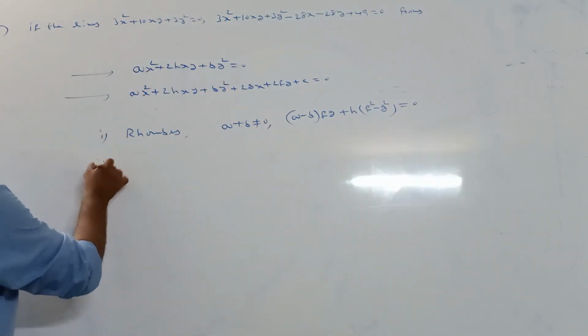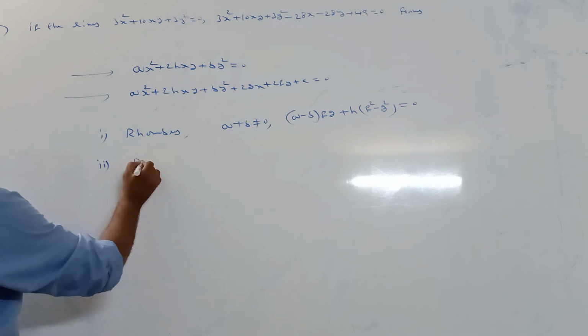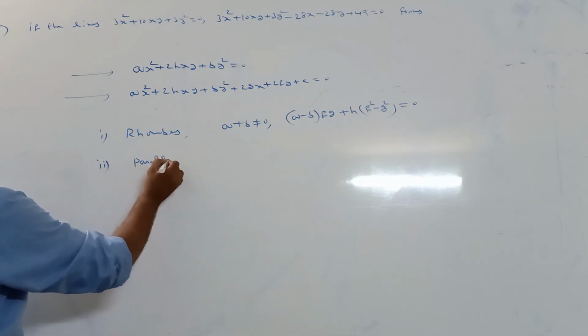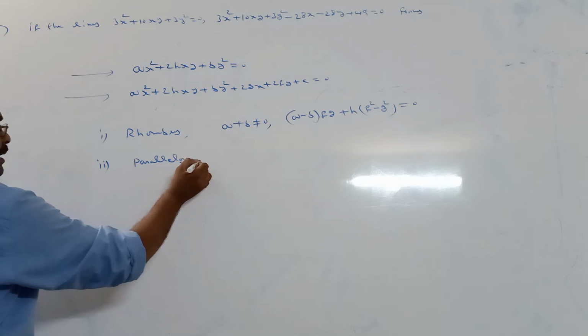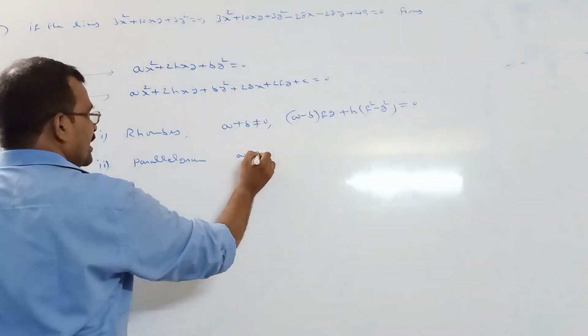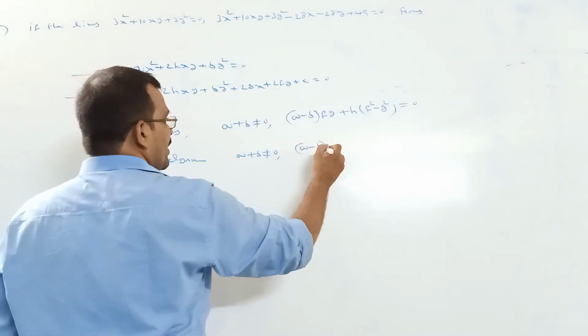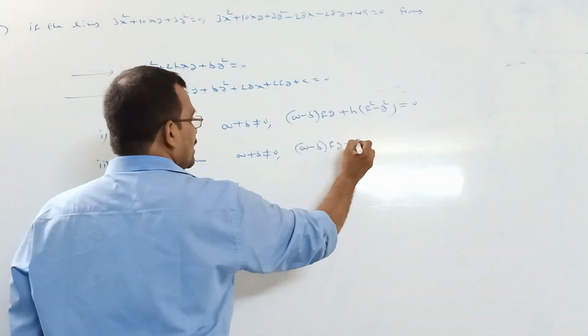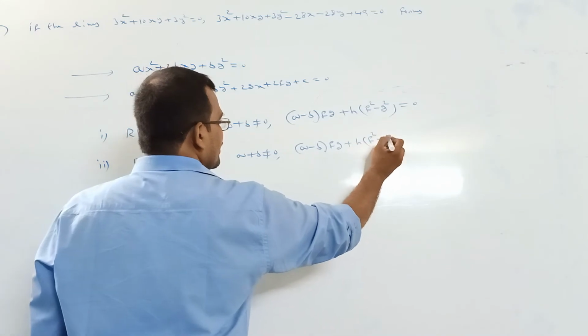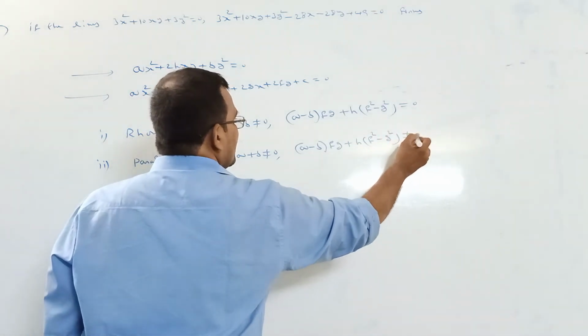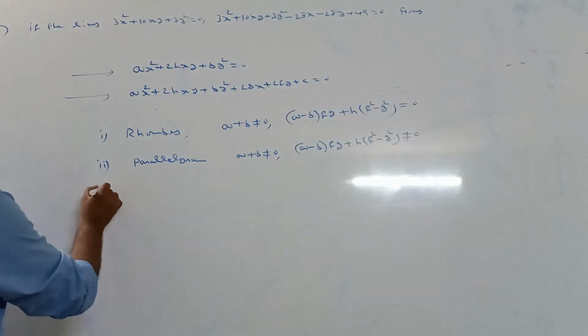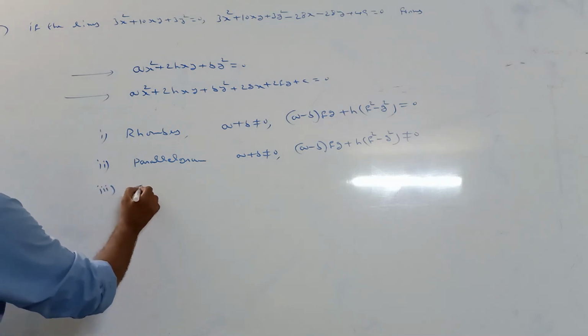Second, a parallelogram: a + b not equal to 0, and (a − b)fg + h(f² − g²) not equal to 0. The third one is a rectangle.